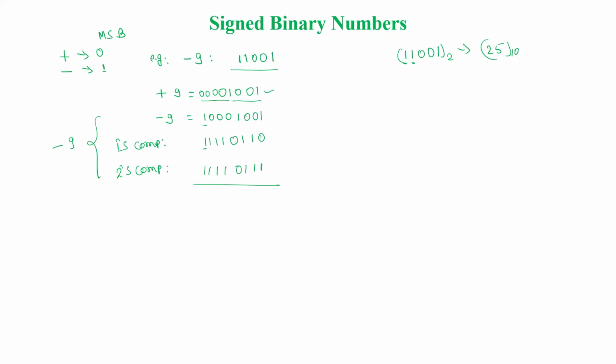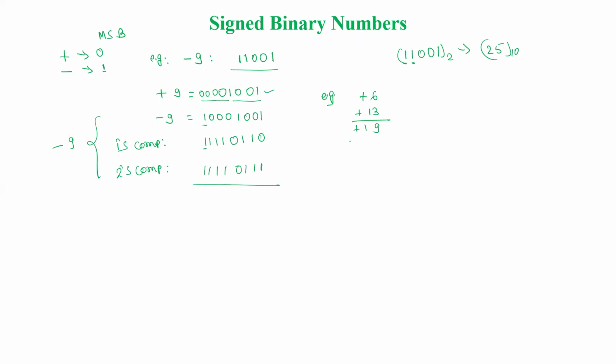Subtraction can be seen as addition, and we already know how complement is going to help us here. That is the important part. Now, suppose we consider an example where we have plus 6 and plus 13. The answer should be plus 19.